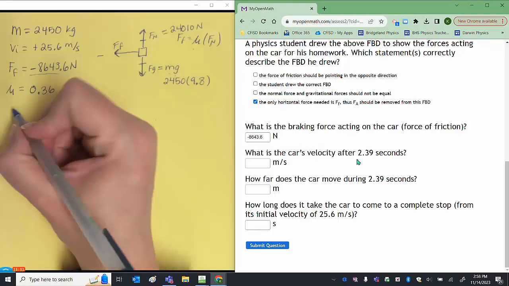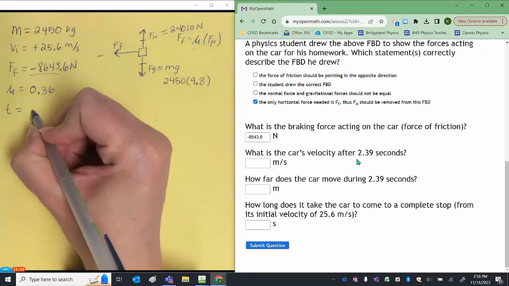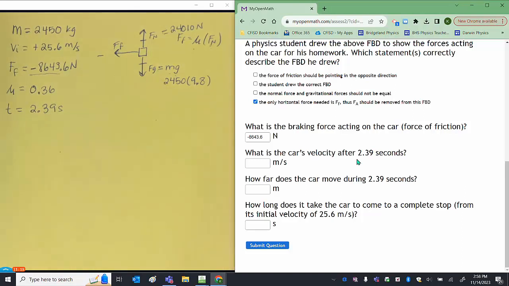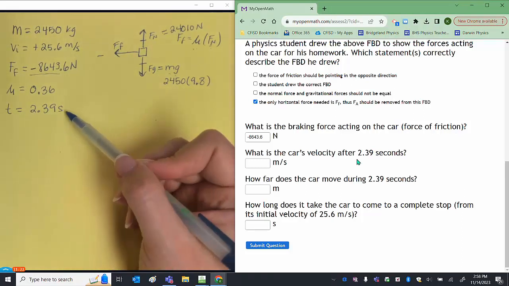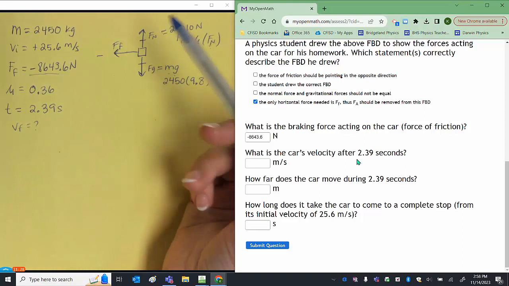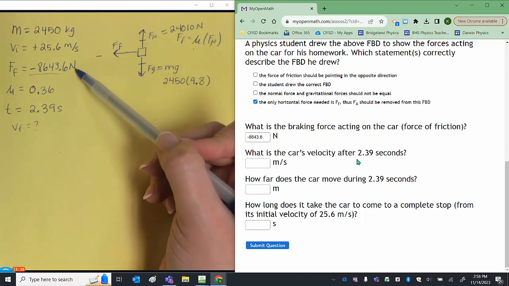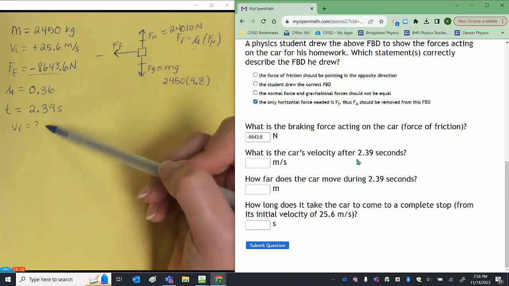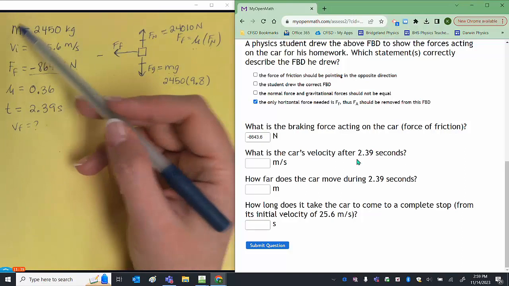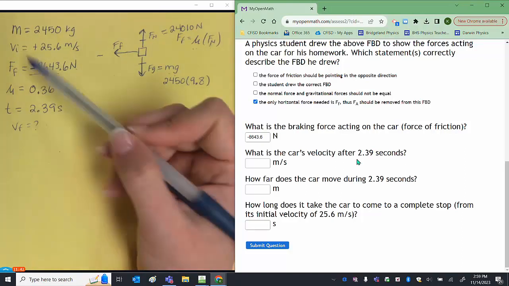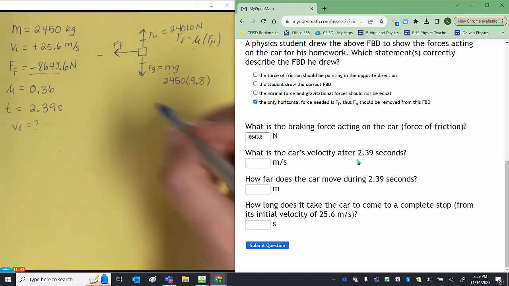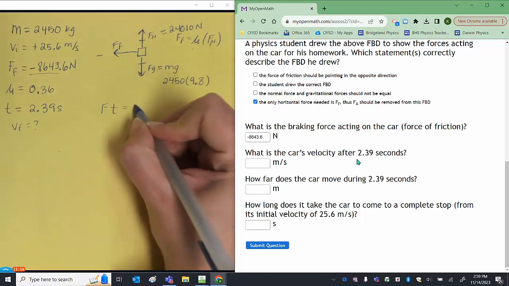So they just gave me another piece of information. They've told me, hey, start looking at this particular time window, 2.39 seconds. Okay, and so with this information, we're trying to find how fast it's going at the end of that. Now I have Ff, which means I have my net force, and I could find my acceleration, and then I could find Vf using kinematic equations, or because I see that net force, and I see mass, and I see time, and I have an initial and a final velocity, well, I'm looking for that final, I have those two labeled, I can use this equation, F times t equals m times delta v.